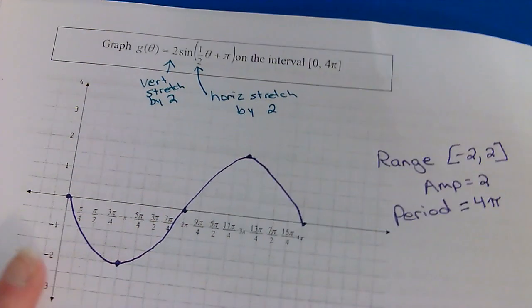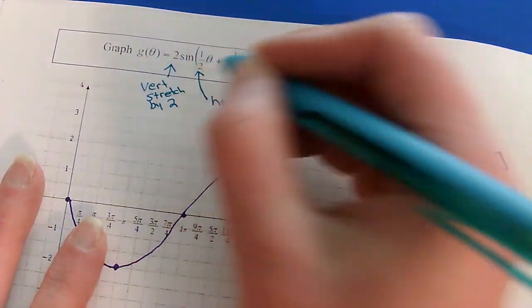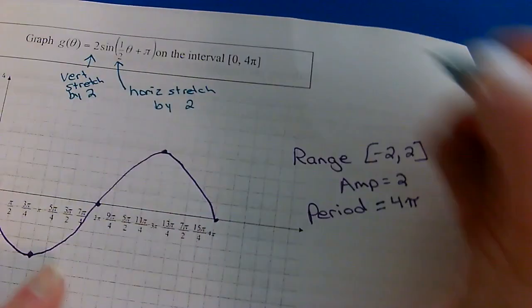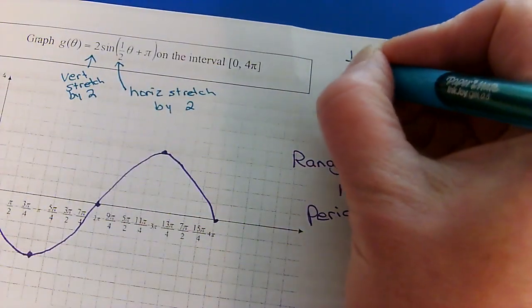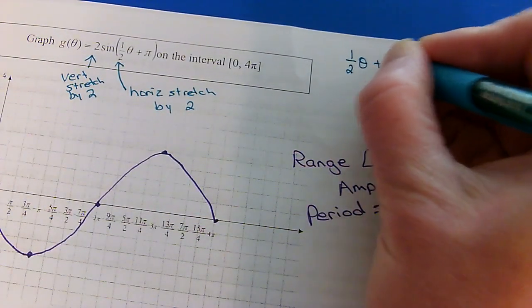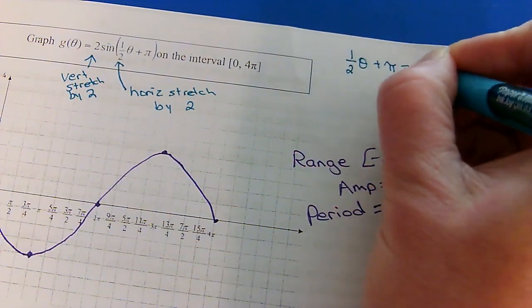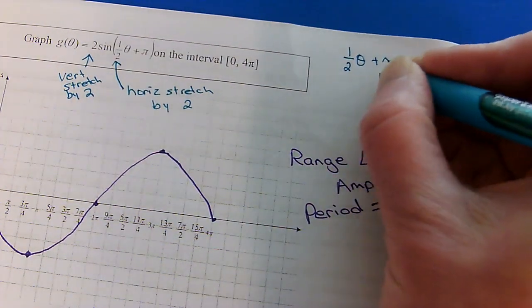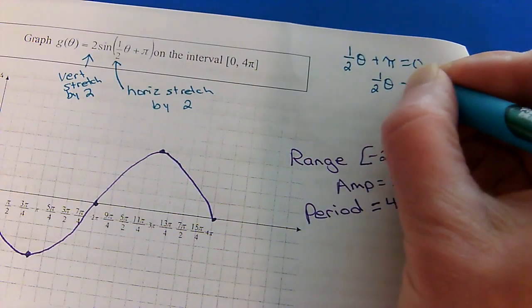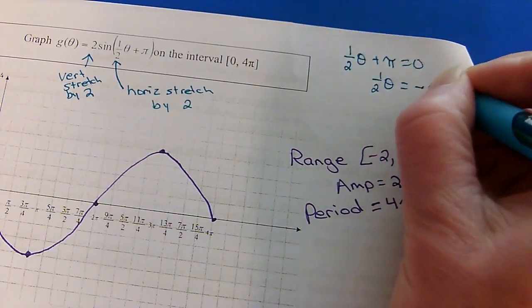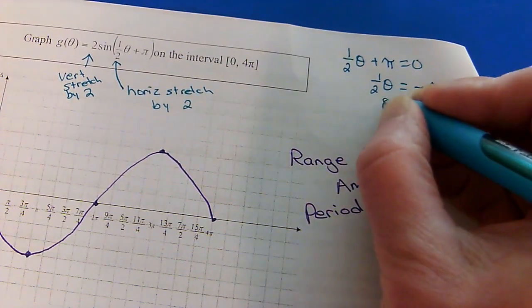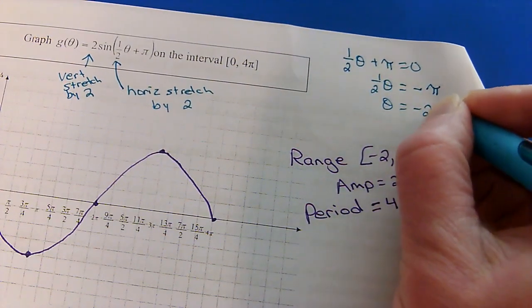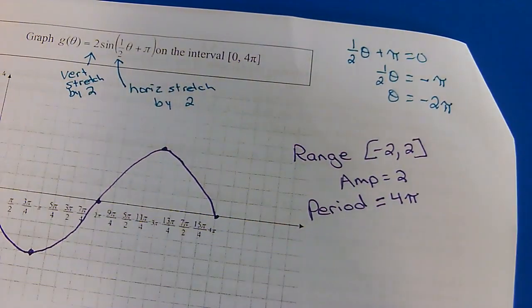So what I'm going to do is take what's inside the parentheses, set it equal to 0, and solve that equation. So I get 1/2 pi equals -pi, and then I'd multiply by 2. So when I do that, I get that I have my first 0 at -2 pi.